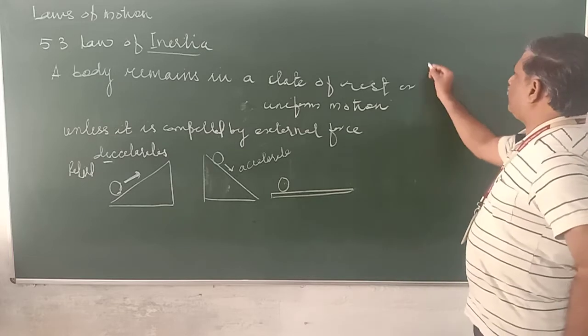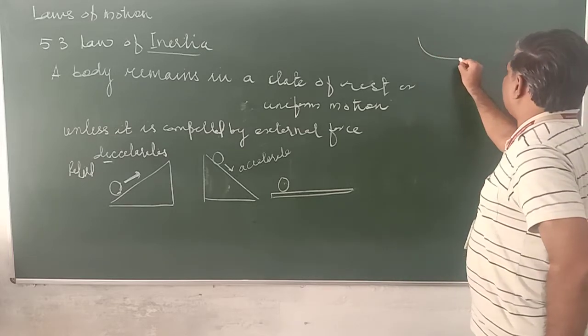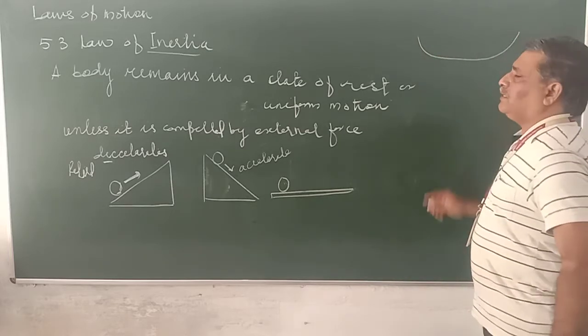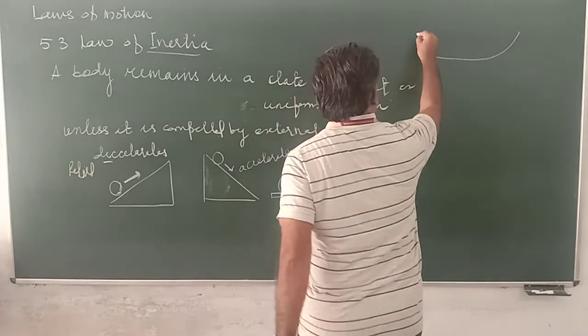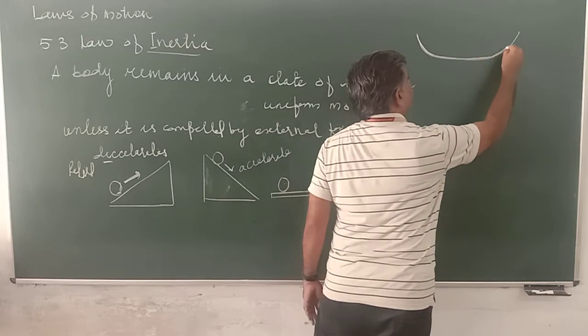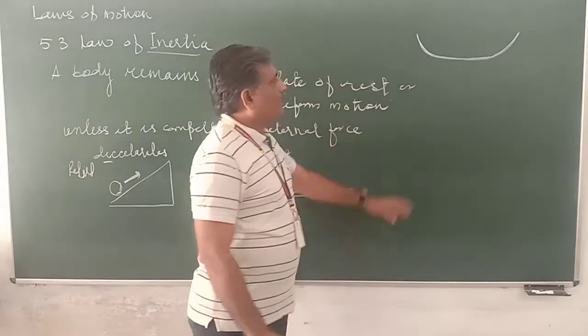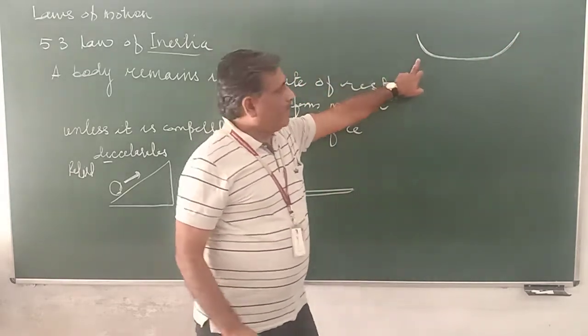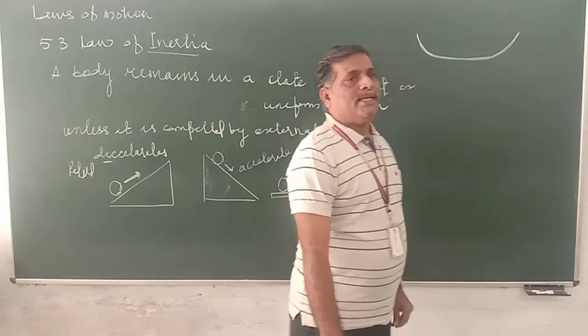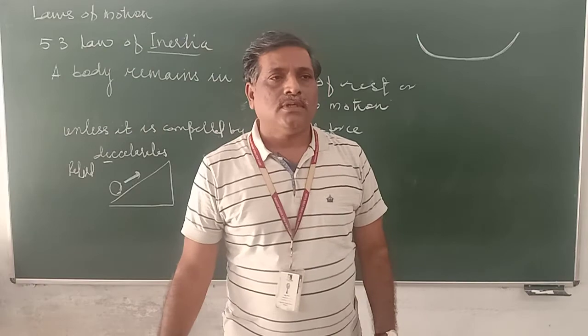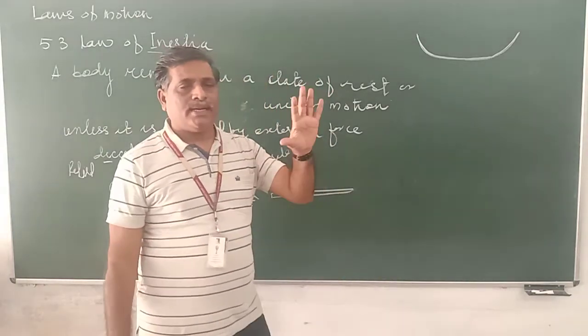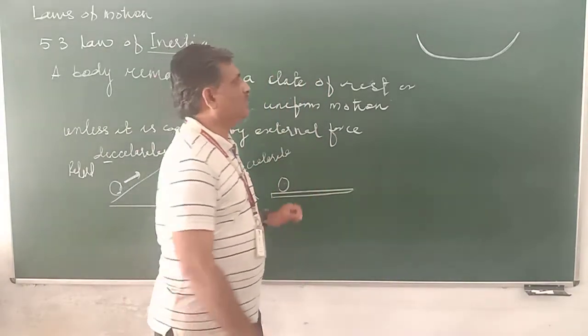Another set of experiments he considered used an arrangement of two inclined planes. The slope of this one and the slope of this one are the same. He considered friction to be 0. It is not possible, but in the ideal case he considered friction 0.